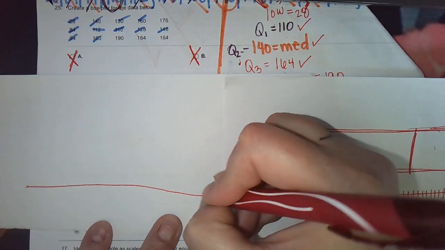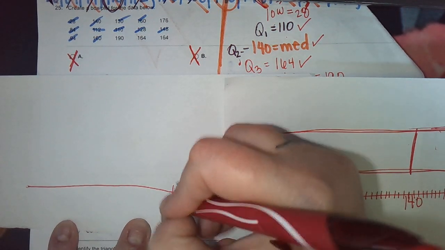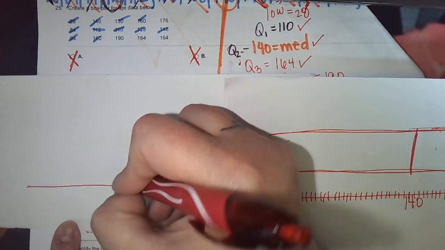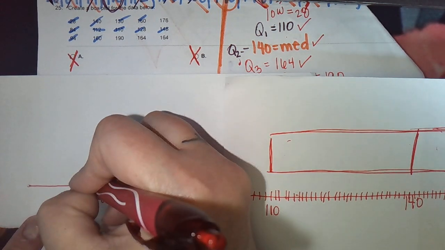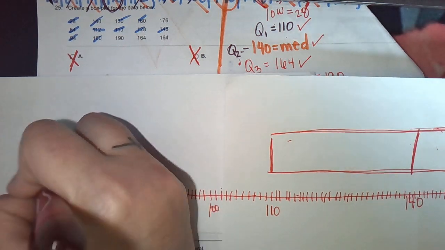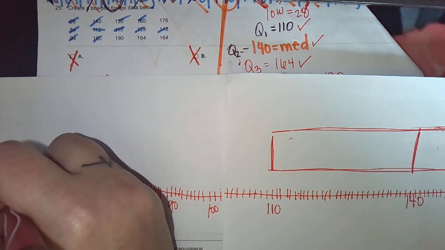Counting down the same way, 90, 80, 70, 60, 50. Okay, hopefully you can see.